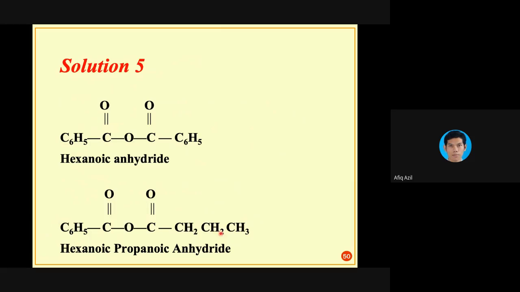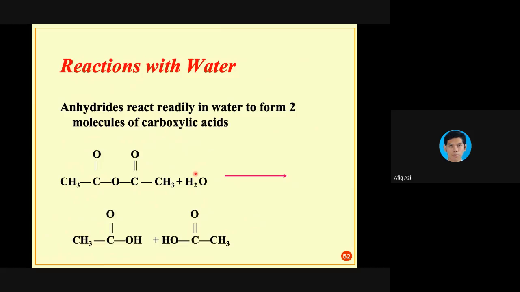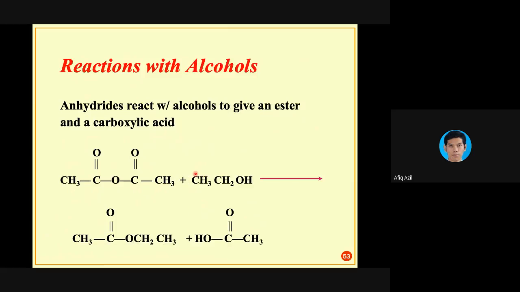If on this side you have 4 carbon, then it will be butanoic, so butanoic will be written first: butanoic hexanoic anhydride. This is the preparation I have shown earlier. This one is the same.